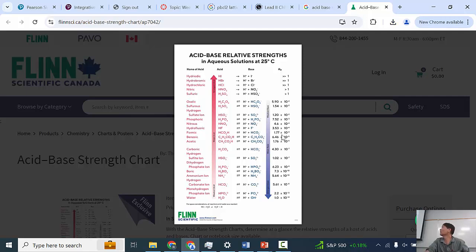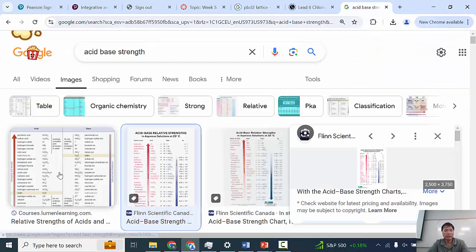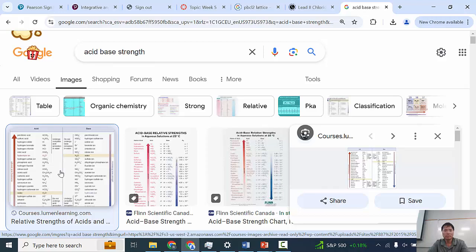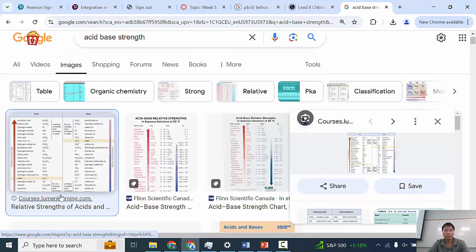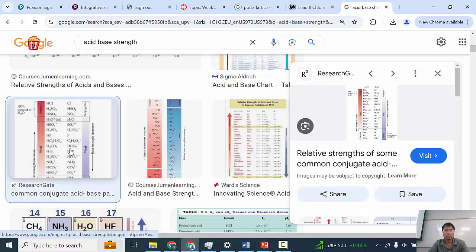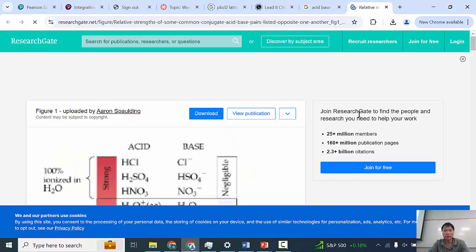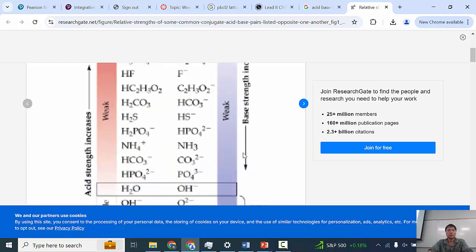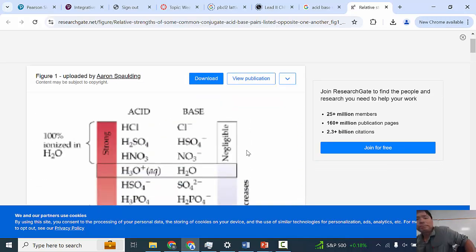Or let me just get one off the internet. All right, then we look at the, although this is hard to see. Let's see if I have a better example. This one from ResearchGate. Okay, this is better. Our chart has more entries.